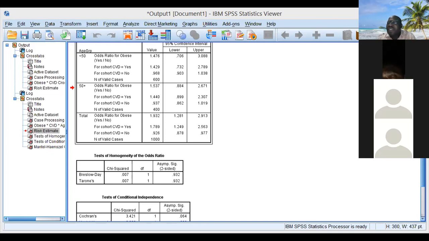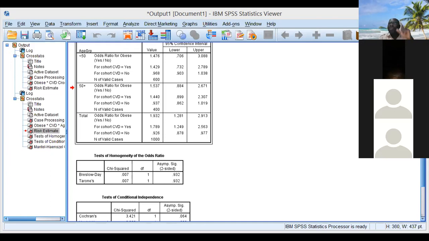Look at the confidence interval from 0.7 to 3, it has crossed 1. Look at the confidence interval for this one, from 0.8 to 2.6, it has crossed 1. So even though the total was significant, for each of them, apart from the value being lower than the total, they are not significant. That's the first thing.